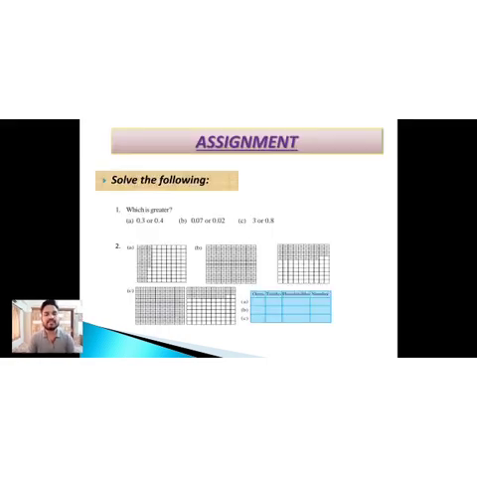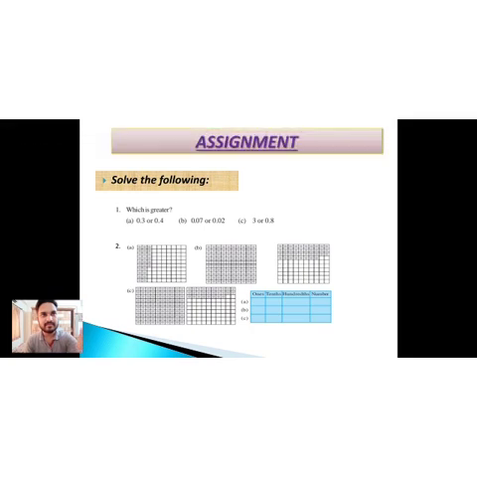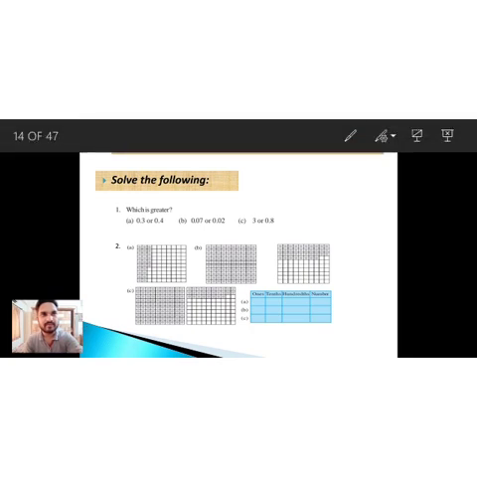Now the next slide is your assignment. There are a total of 3 questions. The first question is, which is the greater number? Simply we have to convert the numbers into fractions. For the first example, 0.3 or 0.4, we convert into fractions. 0.3 means 3 by 10.